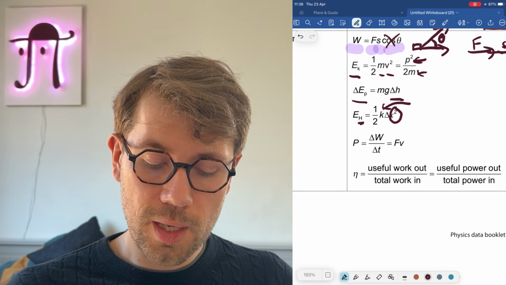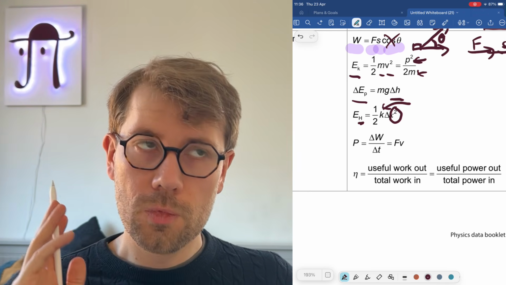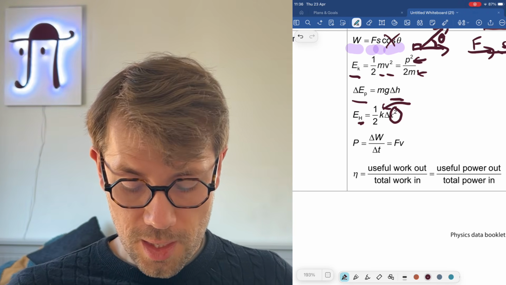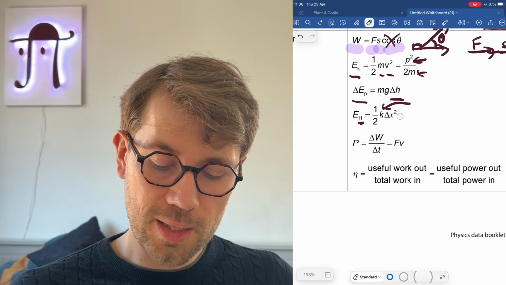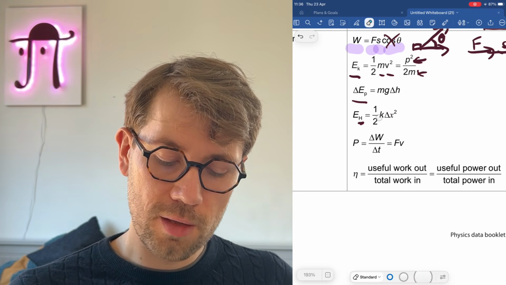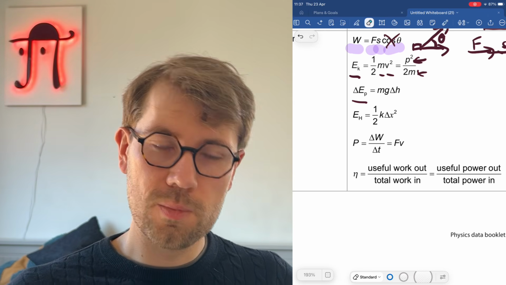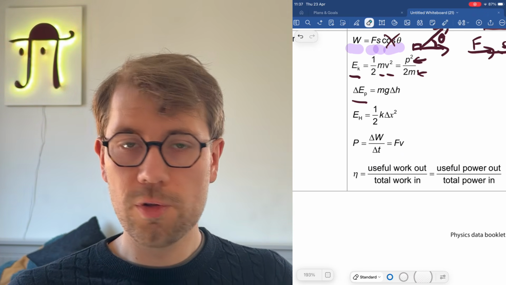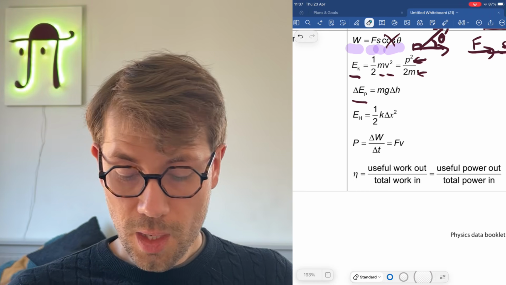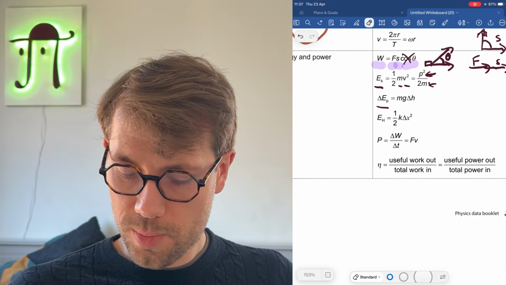And again, we're using k, which is the spring constant. And k is one of those letters that we like to use in physics. It just stands for constant most of the time, but then some specific type of constant. We've also got k for the Boltzmann constant, and I'm sure there's another place it's in there as well.